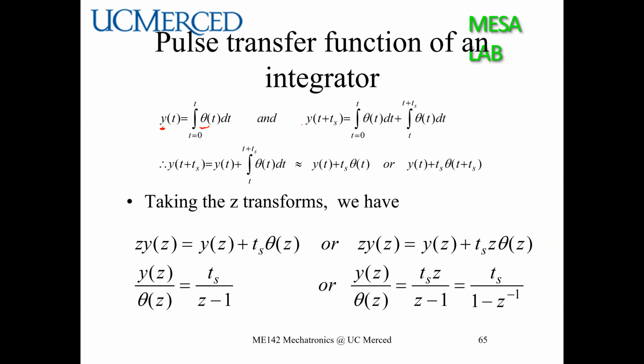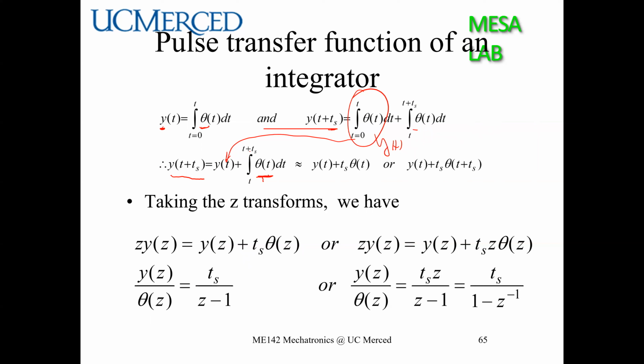So I can do something like this. If I give you theta t plus ts, then this is the integral from 0 to t plus ts, so you get this one. So it's an integration. So y at t plus ts can be written as yt plus this term.